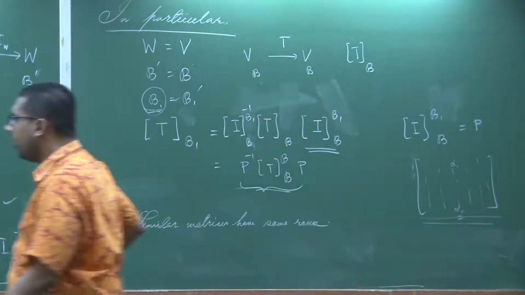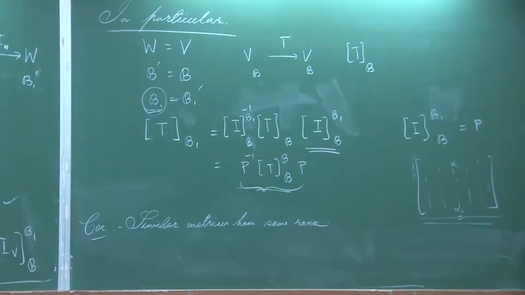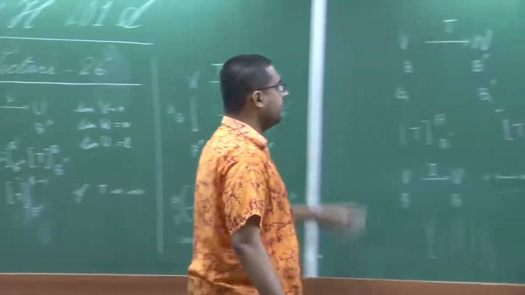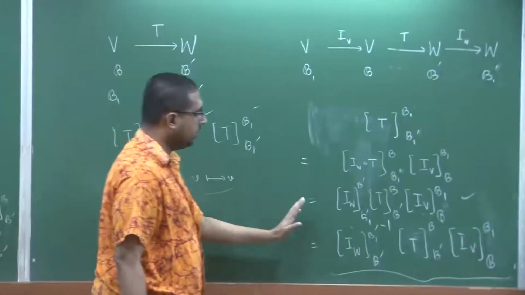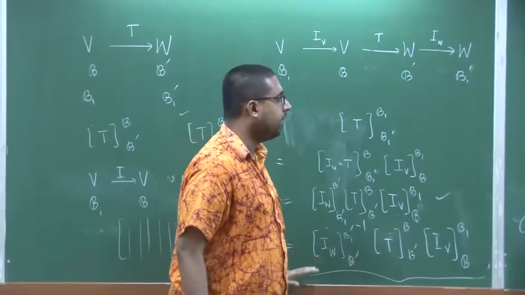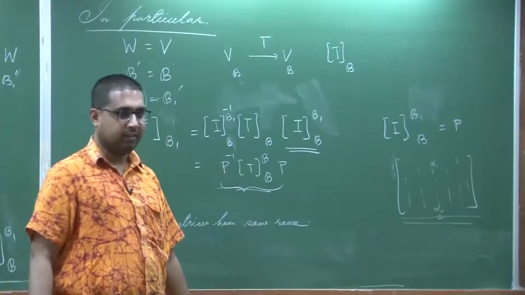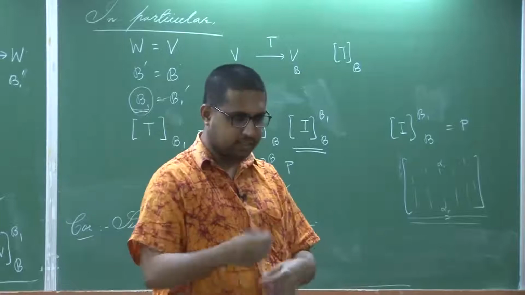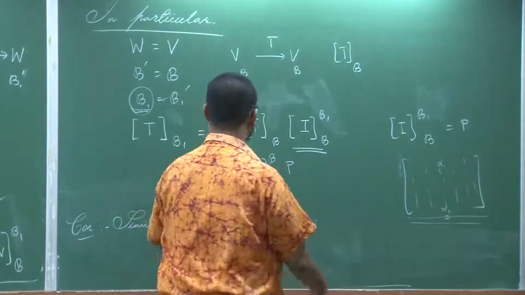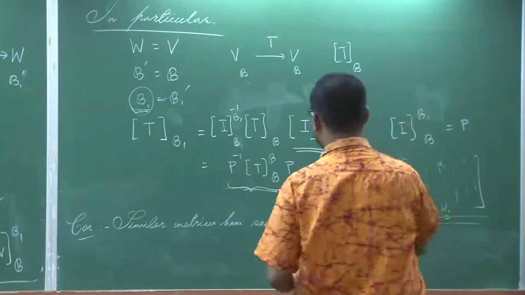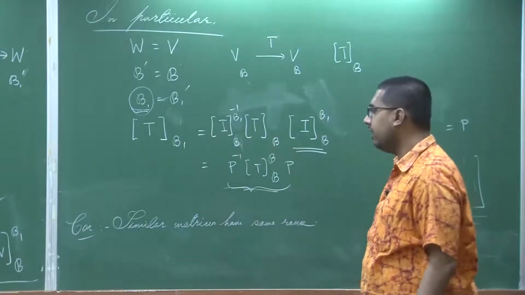All right. So, summarizing what we have seen so far: from this product formula of matrices, we have seen that if we change the ordered basis, then the matrices change in this way. Specializing to a particular context, by changing the ordered basis we get matrices similar to this, and vice versa.